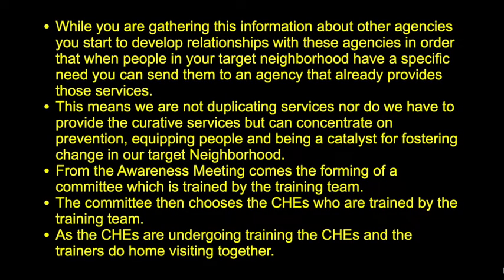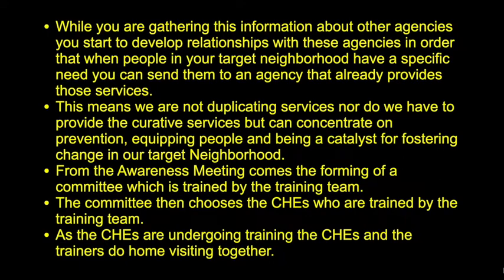While you are gathering this information about other agencies, NGOs, government, churches, you start to develop relationships with these agencies so that when people in your target neighborhood have a specific need, you can send them to agencies that already provide those services.